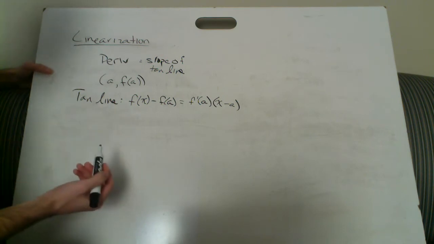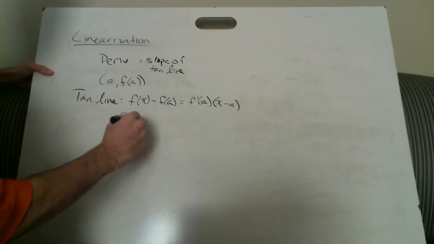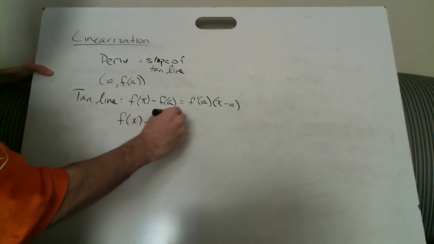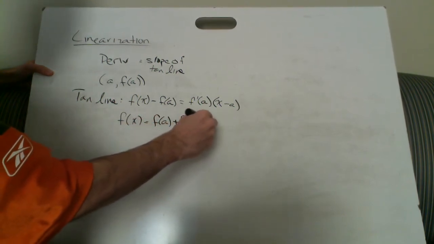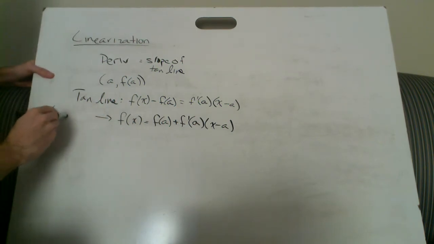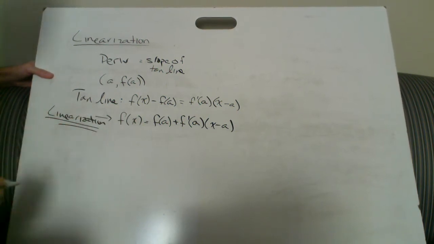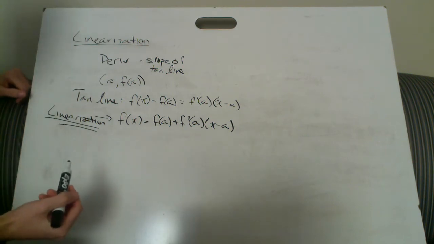And then if we were to solve this for f(x), we'd get something that looks like f(x) is f(a) plus f'(a) times x minus a. This is our formula for linearization. Linearization really just means find a line that approximates the function.